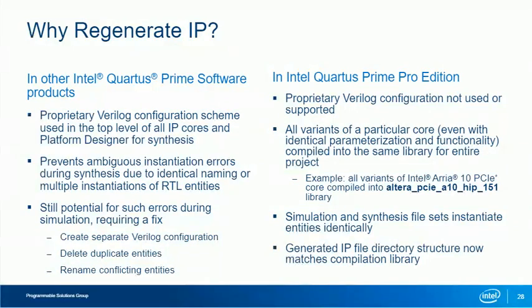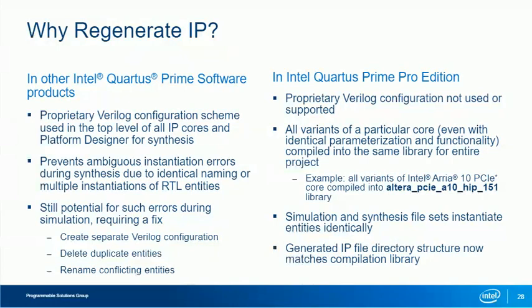Besides the usual reasons for regenerating IP when moving to a new version of the software, such as updated and enhanced timing models, the Pro Edition uses a new scheme for IP core management. In other Quartus software products, a proprietary Verilog configuration scheme is used in the top level of all IP cores and Platform Designer system designs.